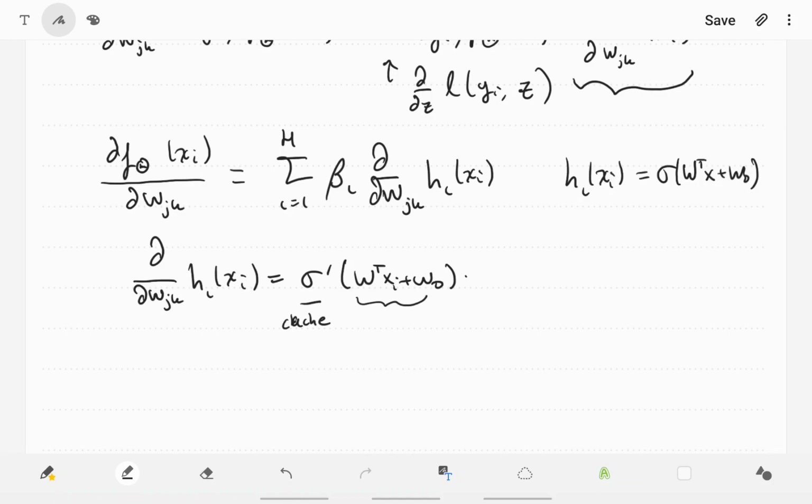But this derivative really just ends up picking out the column of w here and then multiplying it by xk if iota is equal to j, and then 0 otherwise, if iota is not equal to j.